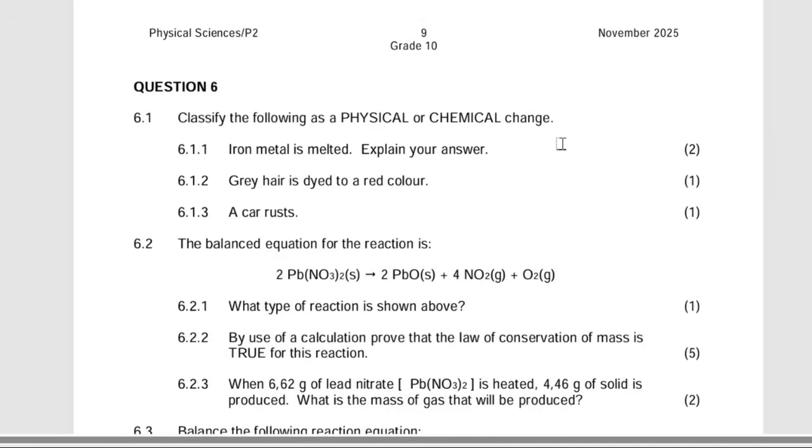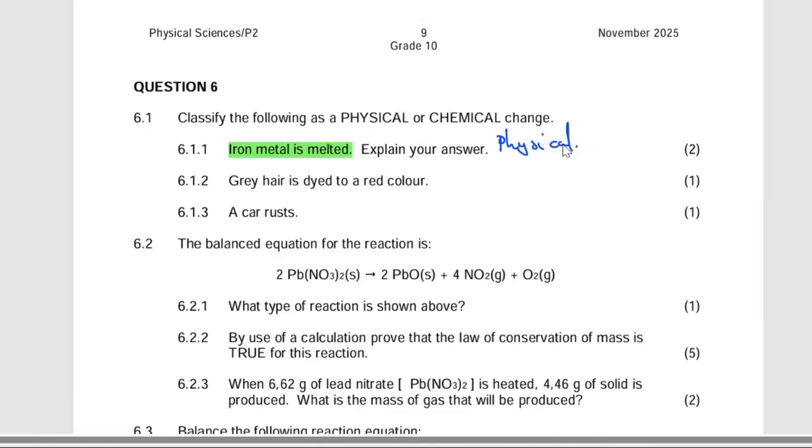For the first one, it says the iron metal is melted, right? So if it actually melts, what does that mean? It's going to remain a physical change. Why is that so? Because there is just a change in state, right?